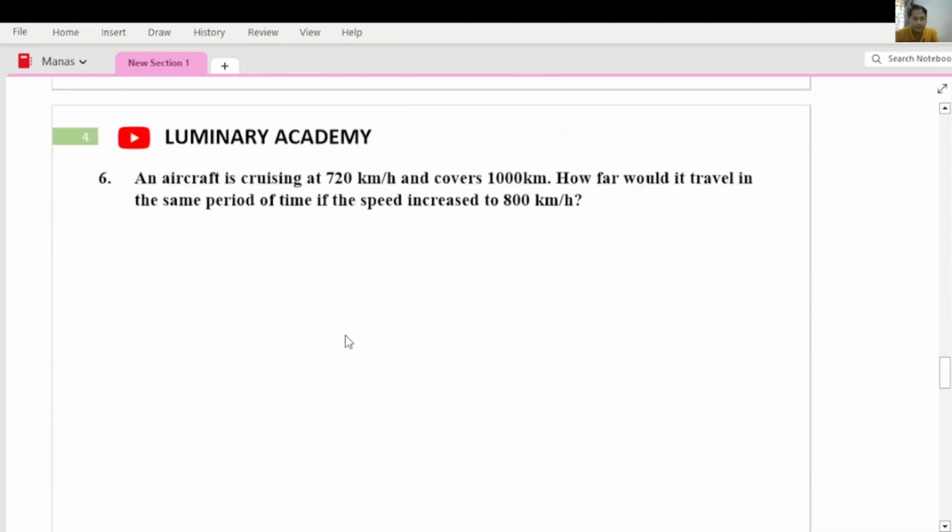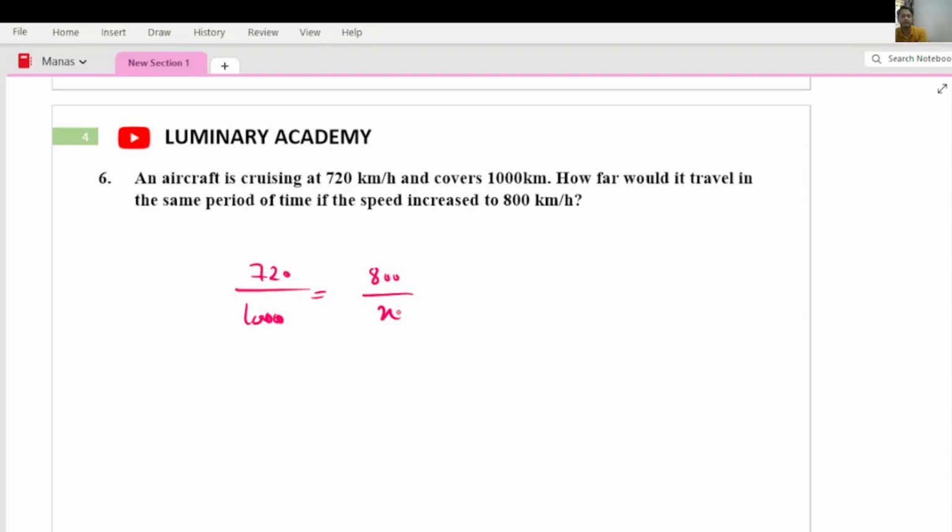Now here an aircraft is cruising at a speed of 720 kilometers per hour and covering 1000 kilometers of distance, right? So how far will it travel in the same time if its speed is increased to 800 kilometers per hour?